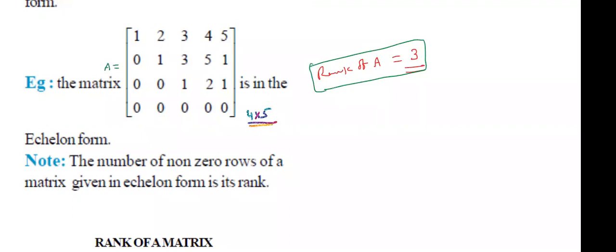Here the elements are already made 0, already done, so it is already in echelon form. After converting to echelon form, this is the process to find the rank. Okay students, I think all of you now understand how to find the rank of a matrix, either by the det method or the echelon form method.